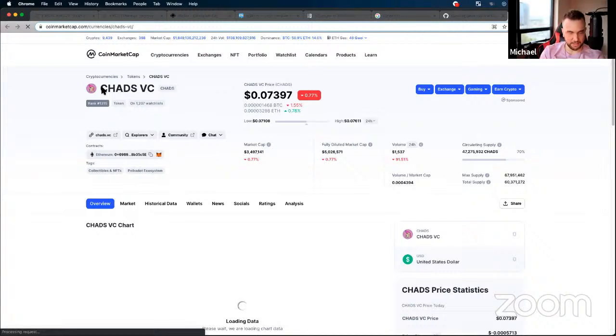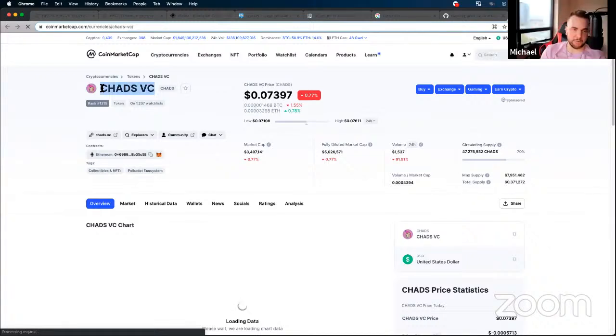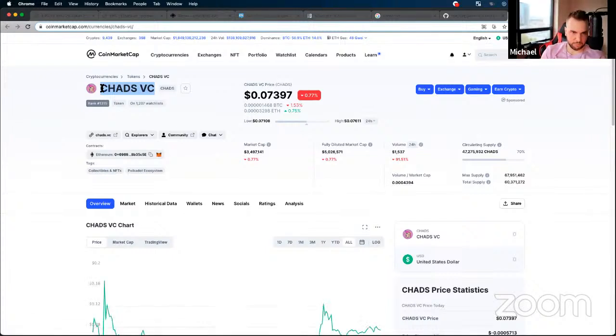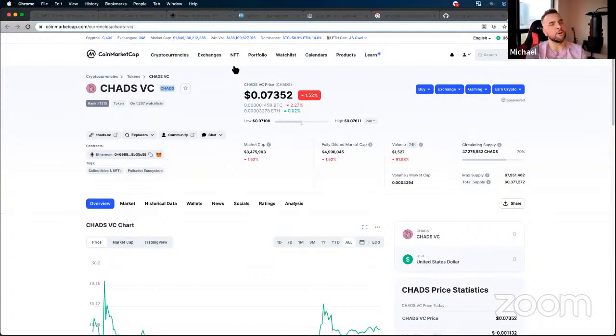What's the difference between Chad's VC and just Chad's? Because I see both of those strings. Is there just a regular Chads? Oh, no. Okay, the difference is this is the name and this is the symbol. There's two different strings. We need two strings.